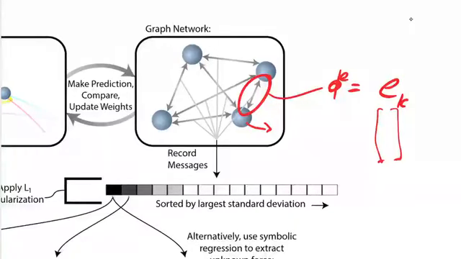Now, we know that, for example, in a 2D system, the actual informational content of that edge message should be two-dimensional, right? If this really describes the force in 2 dimensions, it should be two-dimensional. There's really no reason why it should have a higher dimension, since all the relevant information can be described in 2 dimensions.